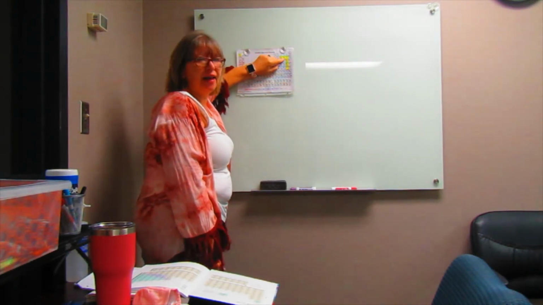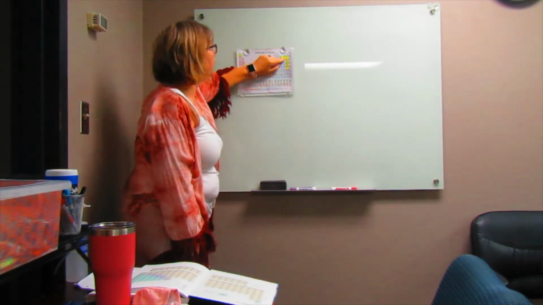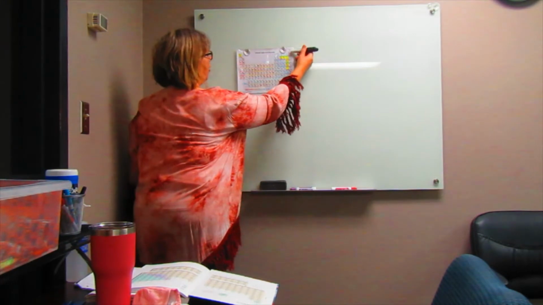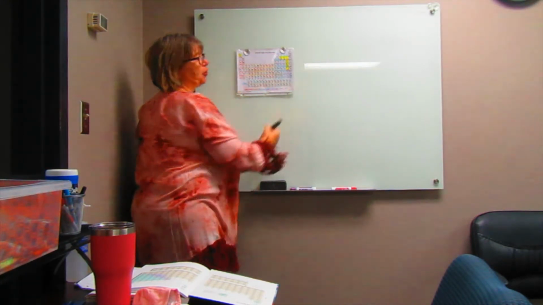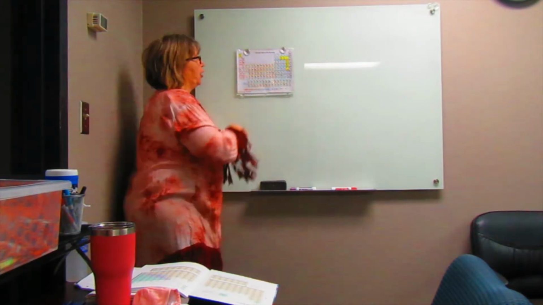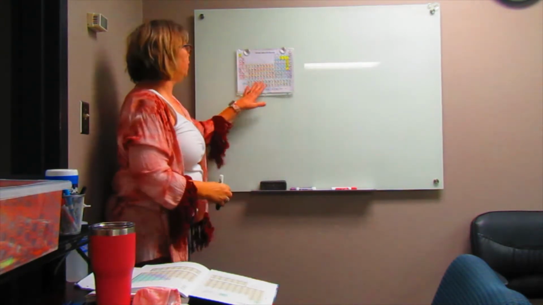Group 6 has a -2. Group 7 has a -1. And then group 8 has a 0 charge. So these are neutral. They do not take on an additional charge. All right, so now that we know this, we can actually start working on putting elements together to form compounds.